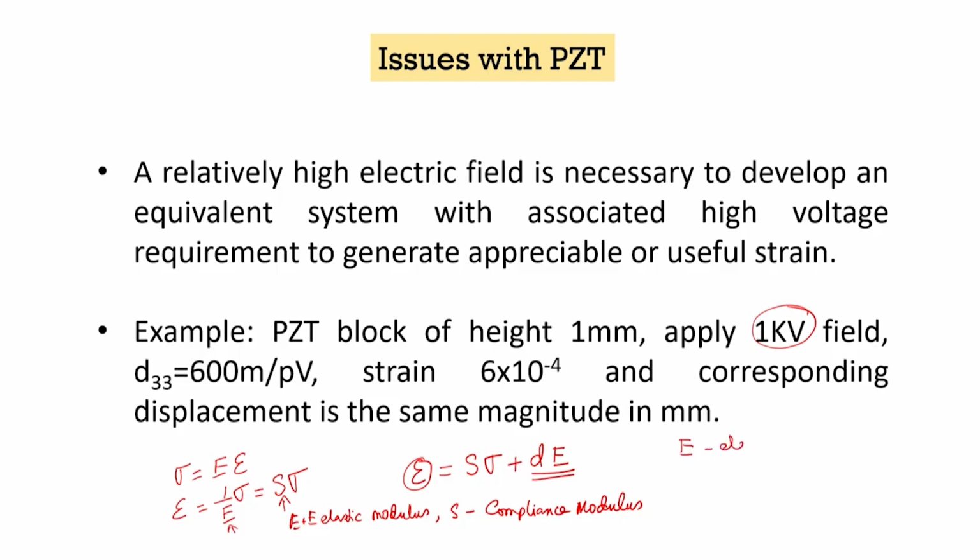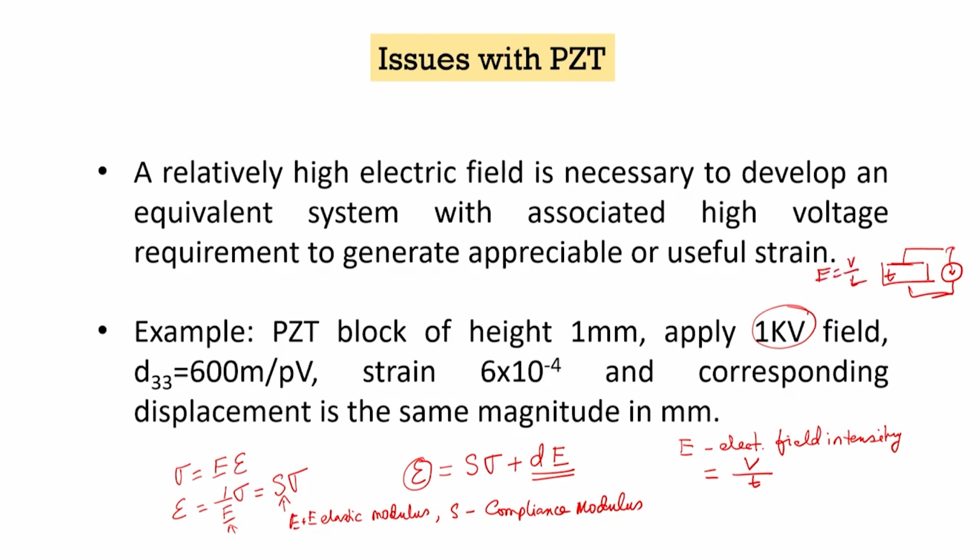E is the electric field intensity, which can be expressed as applied voltage over the thickness. If I have a piezoelectric block and apply a voltage V, with thickness T, then the electric field intensity is V by T.